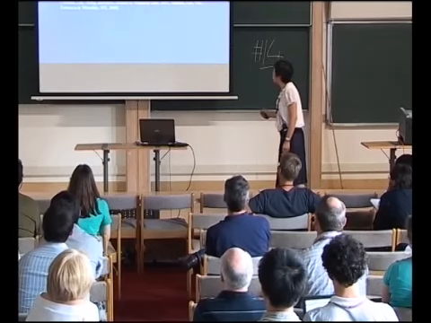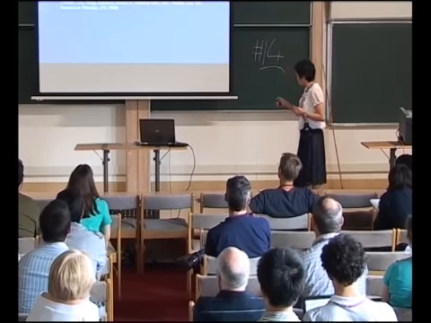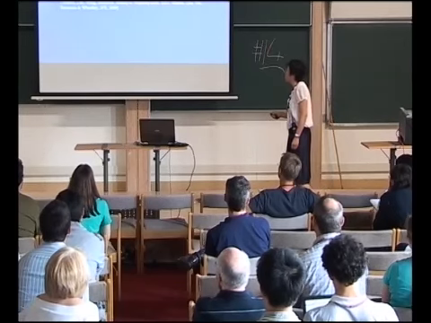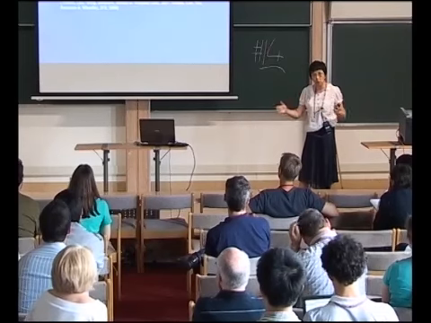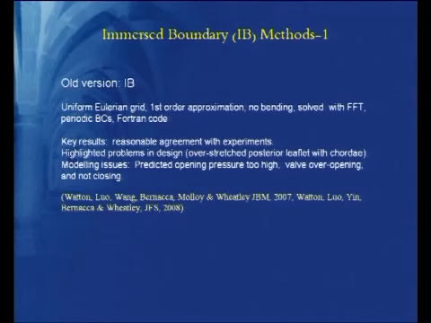And we got a couple of papers published. The key result is we can obtain reasonable agreement with experiments, not quantitatively in every aspect, and we can highlight the problems in the design, for example the overstretched posterior leaflet if you do have the chordae attached to the ventricle. But there are also a lot of modeling issues.